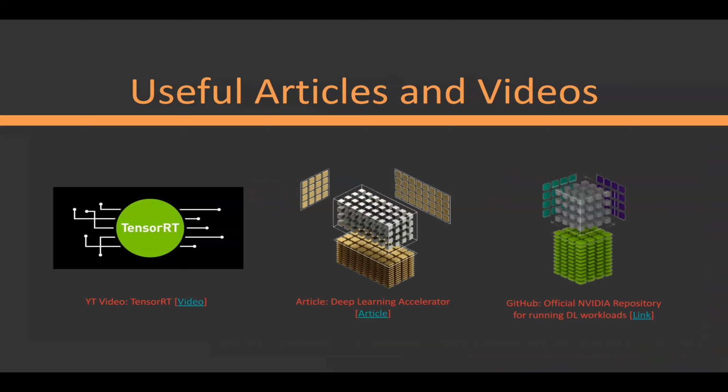You can also learn a bit more about DLA by going through the article that I've attached here. There's also this official GitHub repository by NVIDIA for deep learning workloads. It also covers a lot about the DLA hardware and how you can use it. Finally, there is also this publicly available documentation by NVIDIA, which specifically talks about how you can program your NVIDIA DLA cores. So you can check these out.